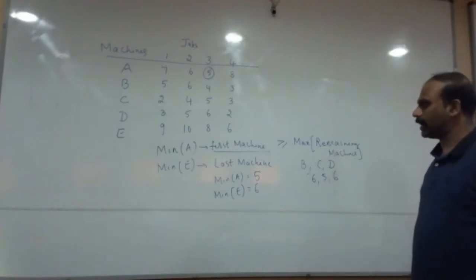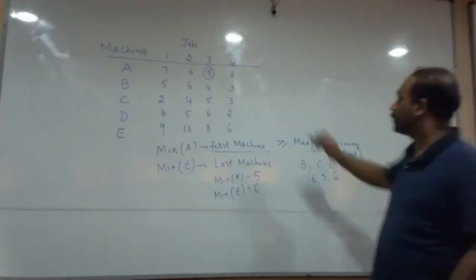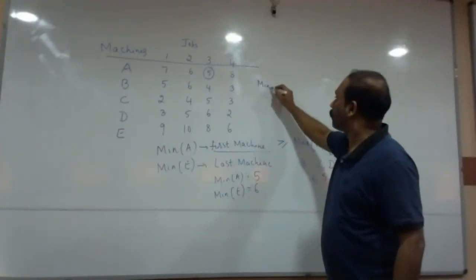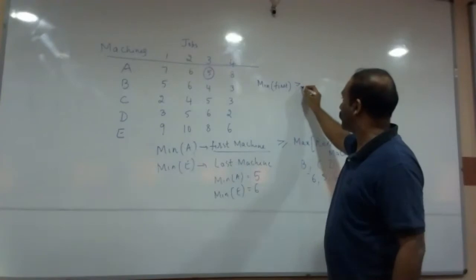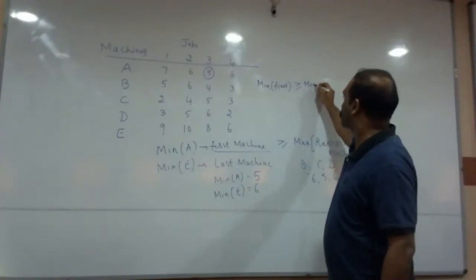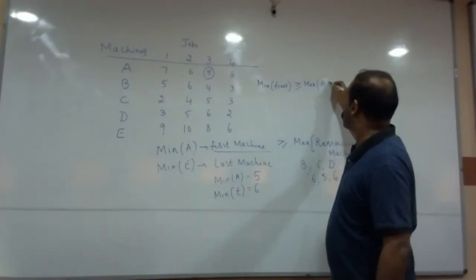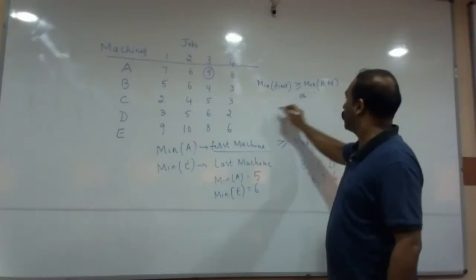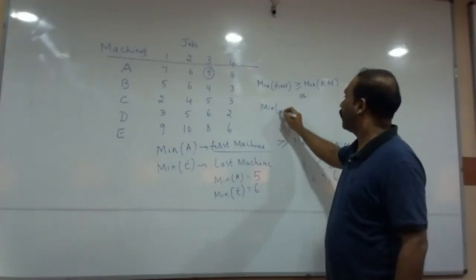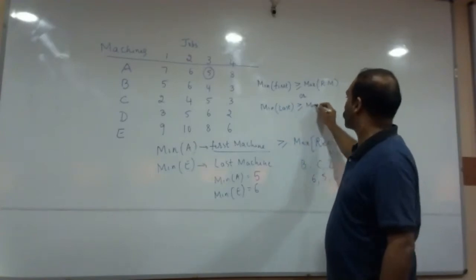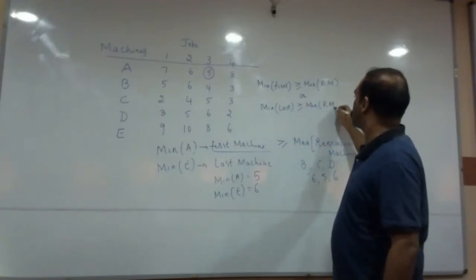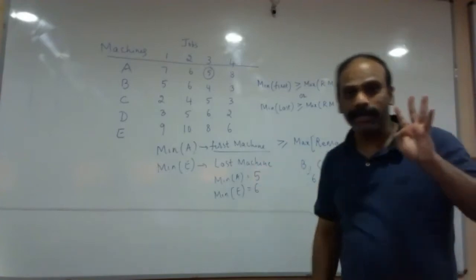Now you can see that the rule says the minimum of the first machine should be greater than or equal to the maximum of the remaining machines, or the minimum of the last machine should be greater than or equal to the maximum of the remaining machines. There are totally 4 conditions here.